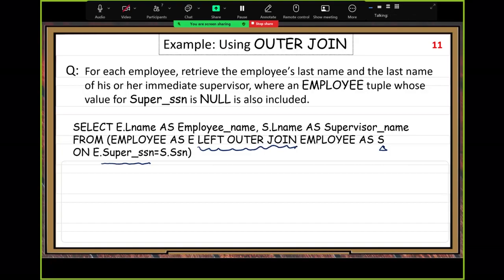But here when we use the left outer join, we want to include all the employees in the E table. So when we apply this matching condition, even if the matching condition is not satisfied, all the employee tuples should be included in the query result.